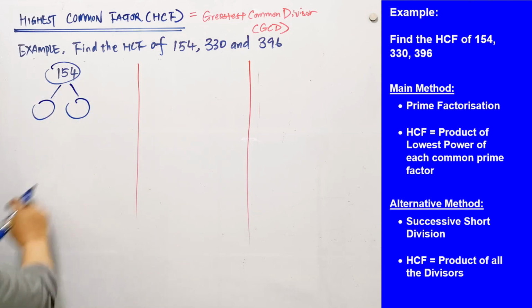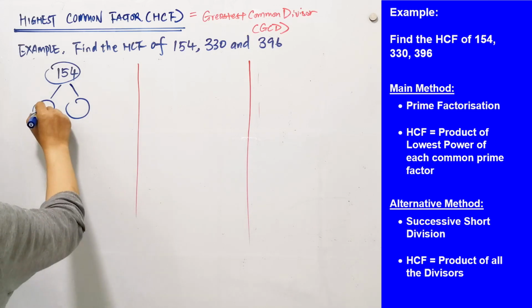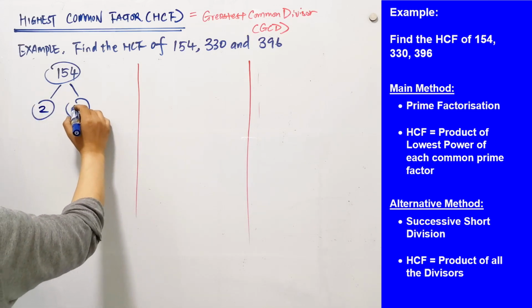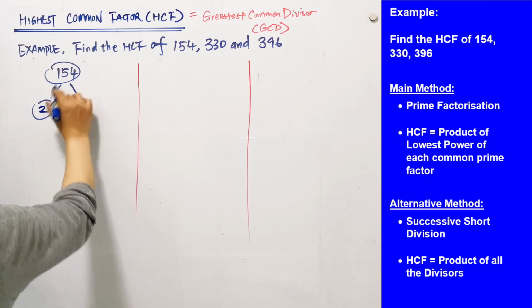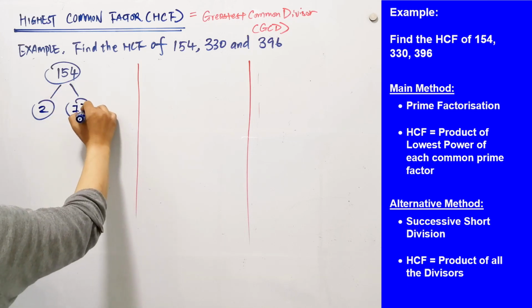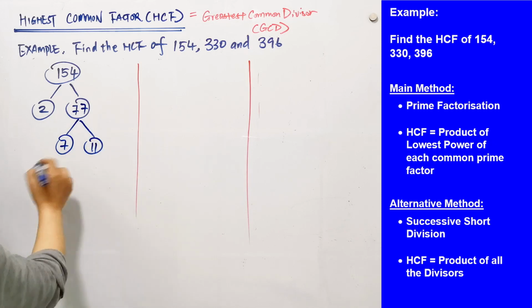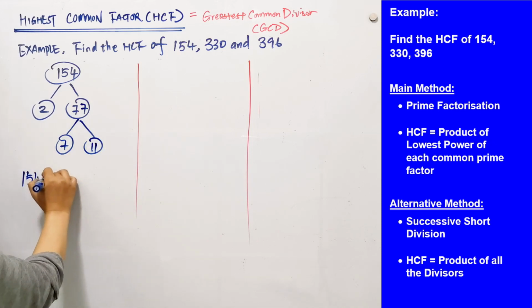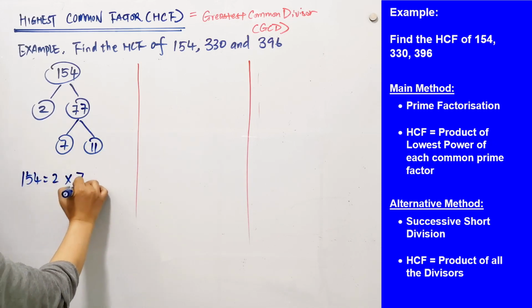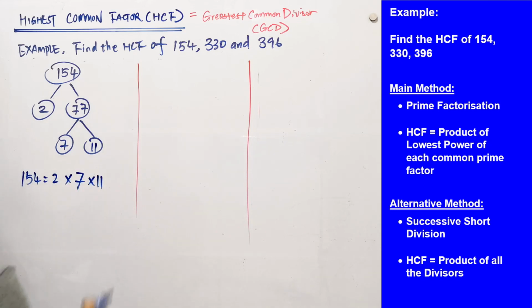Can we divide by 2? We'll try 2 first, right? It's 77, right? Okay, how about here? 77 becomes 7 and 11. Okay, that's all. So we get 154 equals 2 times 7 times 11. That's where we finish.